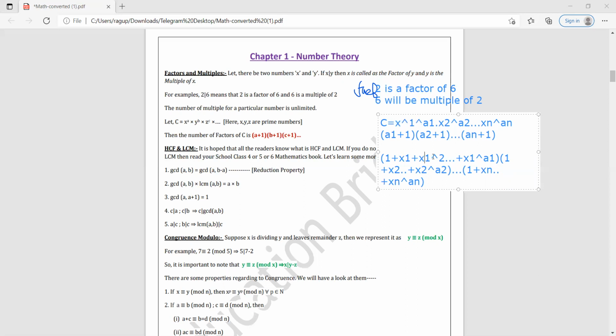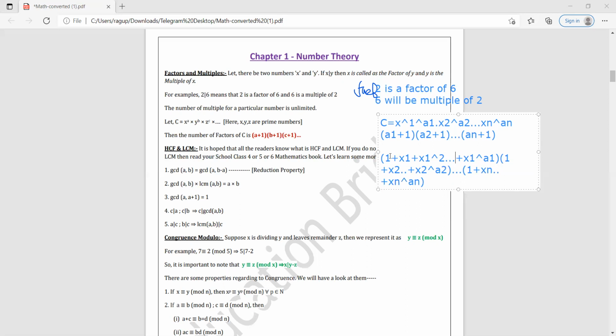And if you take x1 square and multiply with 1, 1, 1 from all the brackets, we'll have x1 square as a factor. So basically you are taking any one term from these a1 plus 1 terms and multiplying with the other terms.